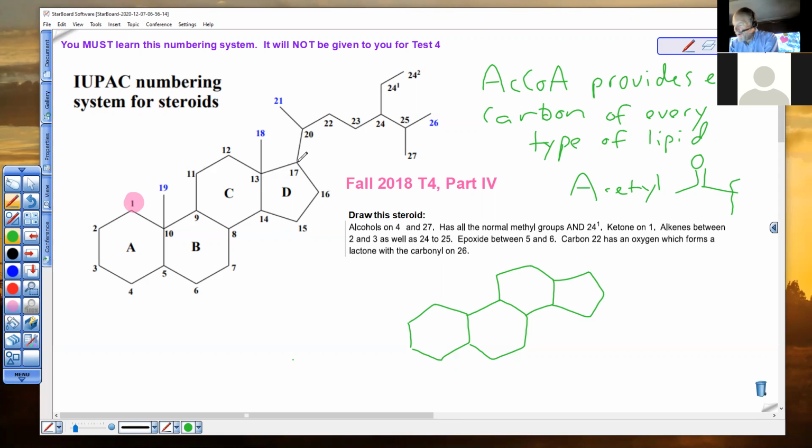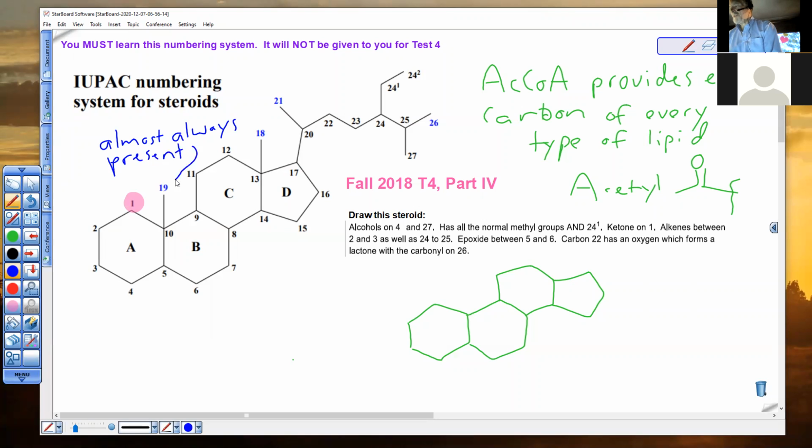Now, steroids have methyl groups that are in blue almost always. So you don't have to tell me when a methyl group is present. If I give you a picture of a steroid, which I will also do on the test, these methyls are almost always present. I want to know if they're absent, really.